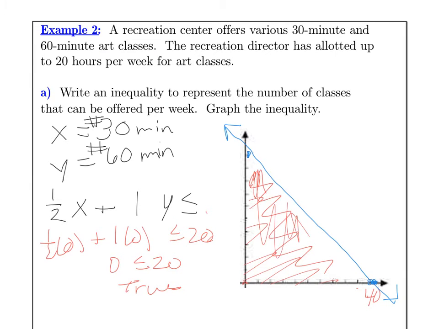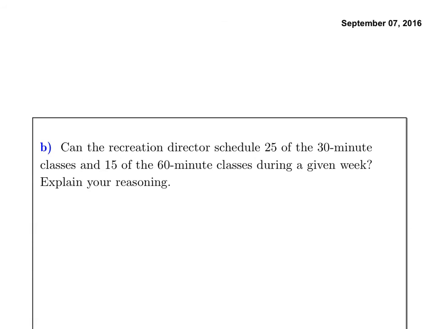And of course the line as well should be cut off at the axes because that would indicate that I have negative amounts of art classes. So if I pick any point that is on the blue line or in the red shaded part, that would make my inequality true. So that is an example word problem that has an inequality.